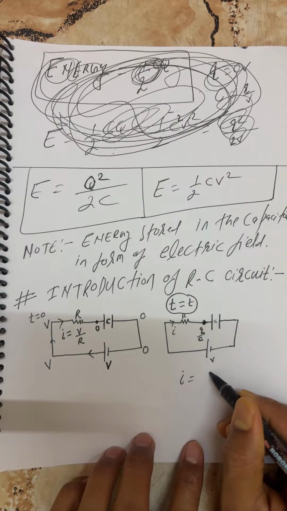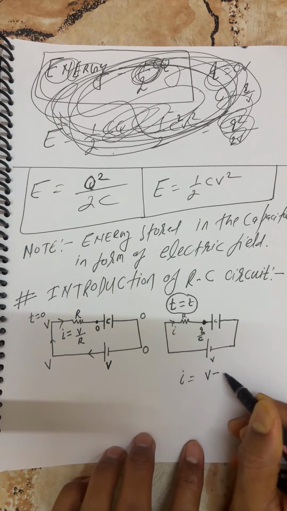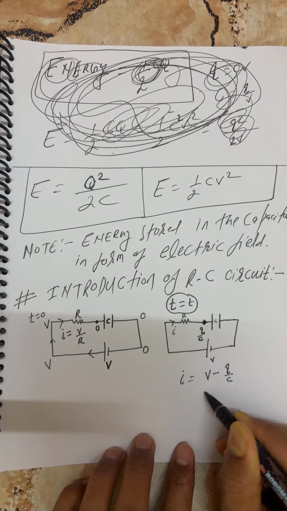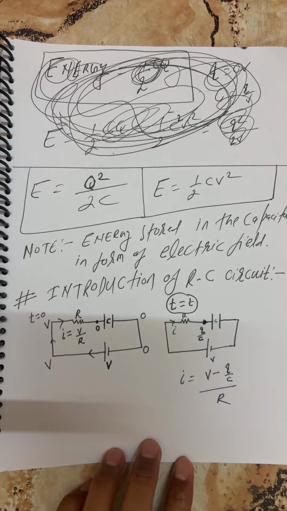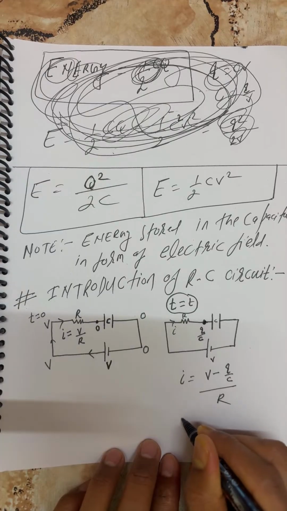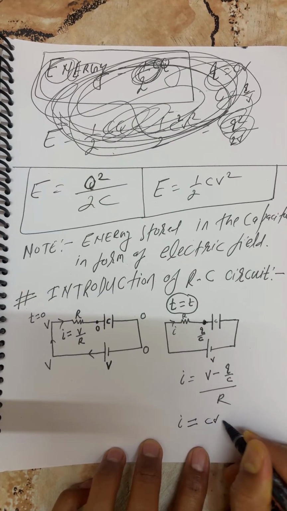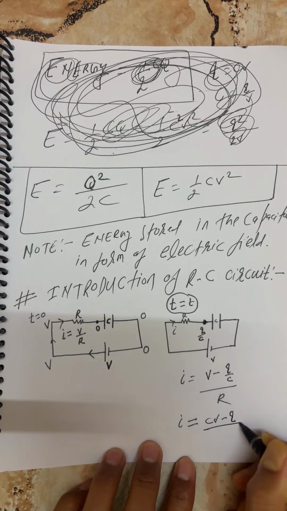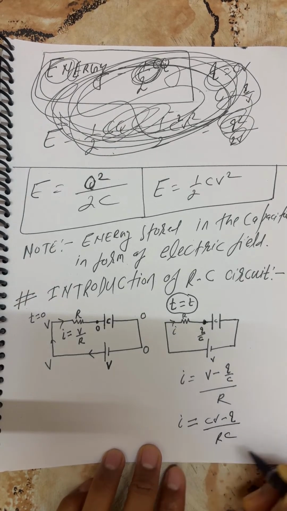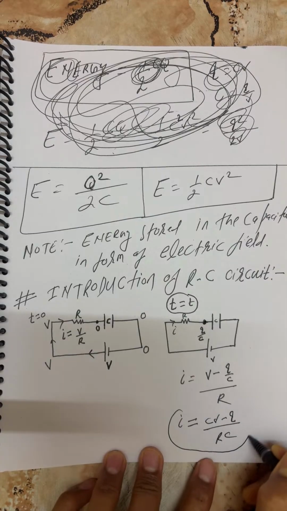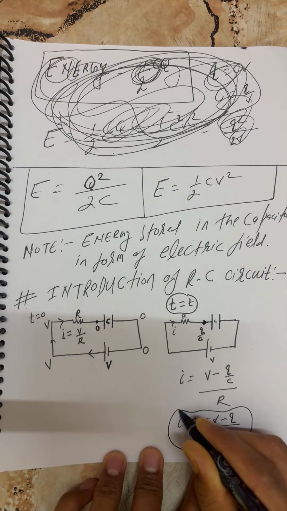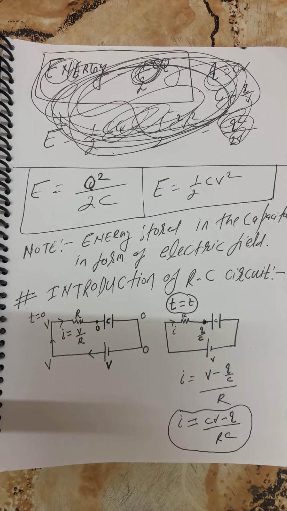So I = (V - Q/C)/R. Finally I = (CV - Q)/RC.